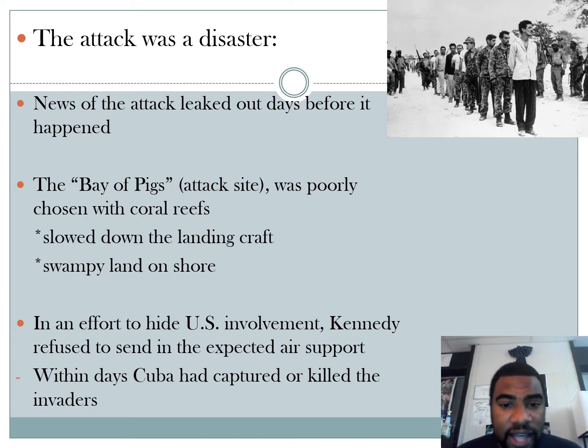News of the attack leaked out days before it happened. The Bay of Pigs was poorly chosen, with coral reefs at the attack site that slowed down the landing craft, and of course the swampy land on the shore didn't help at all either. In addition, to hide U.S. involvement, Kennedy refused to send in the expected air support.